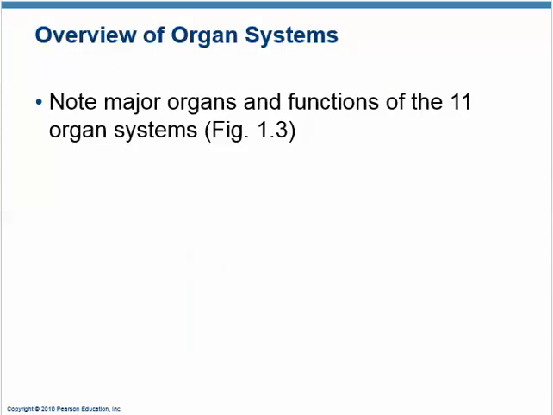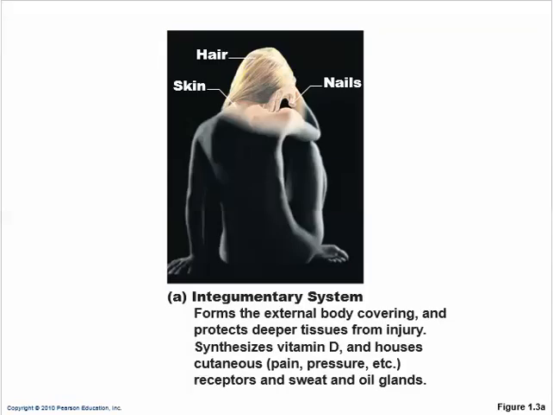Now, there are 11 organ systems, which is why there are 12 slides coming up, because men and women have the one system different. So the organ systems that we will be talking about over the next 2 semesters are the integumentary system, skin, and body covering.